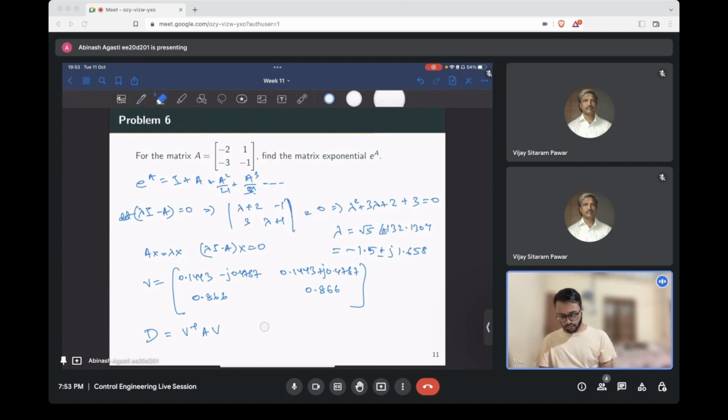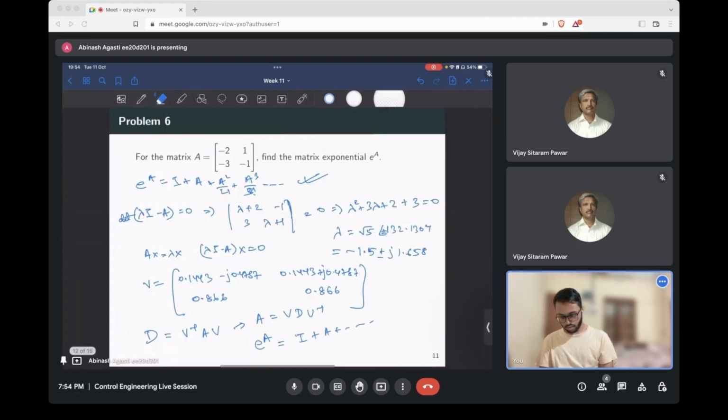So from here you see that A is equal to V D V inverse, and for e to the power At, if you plug in that A value into this, let's just say e to the power A is, okay, let's do that. Just a minute.